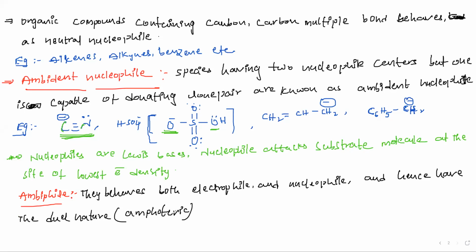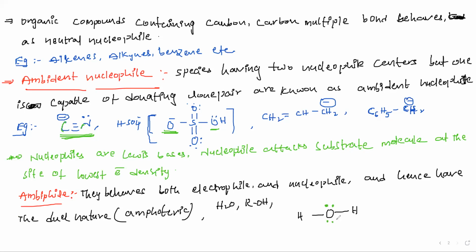Amphoteric. Example here: water and alcohols. Sometimes they may act as an amphiphile. Here I am writing water: oxygen, hydrogen, and another hydrogen. It contains two lone pairs on oxygen.